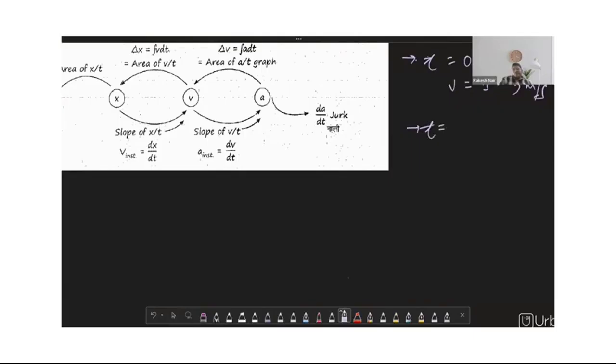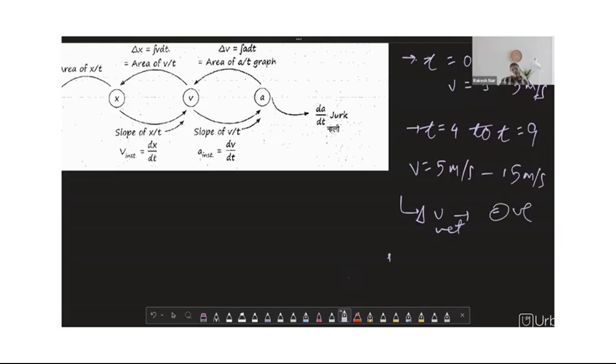In the second case, from time t equal to 4 seconds to time t equal to 9 seconds, the velocity abruptly changed from 5 meter per second to 15 meter per second. In this case, we can observe the net del V to be negative.